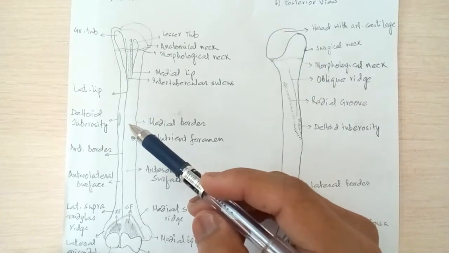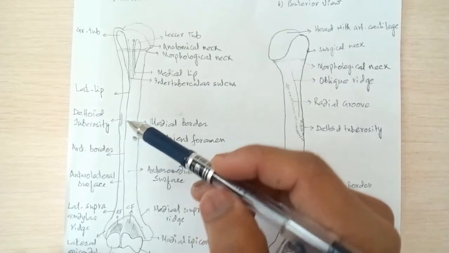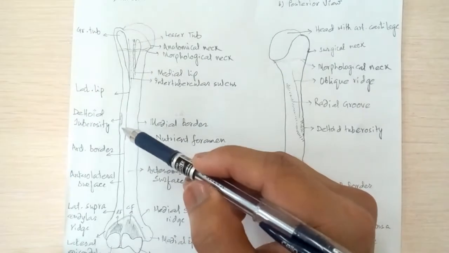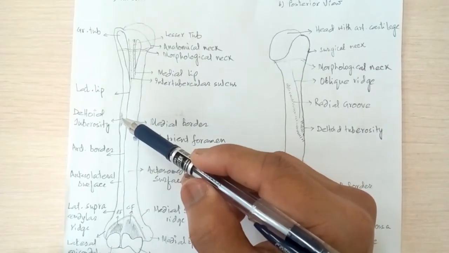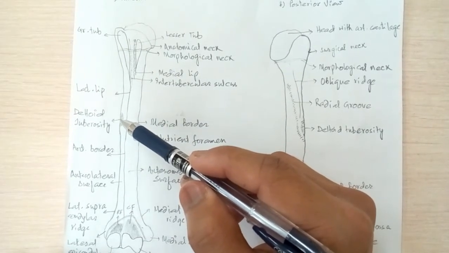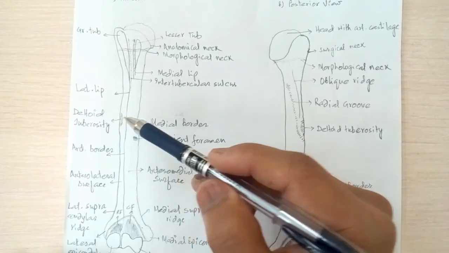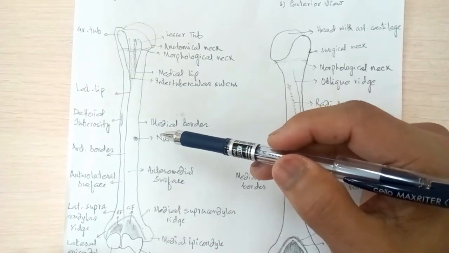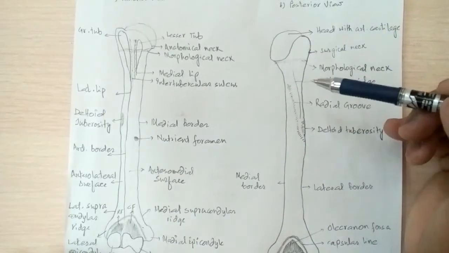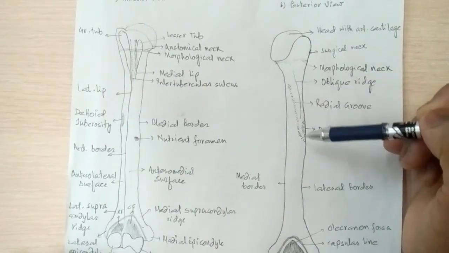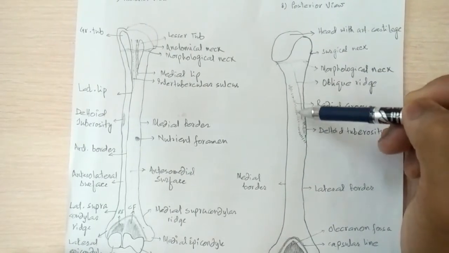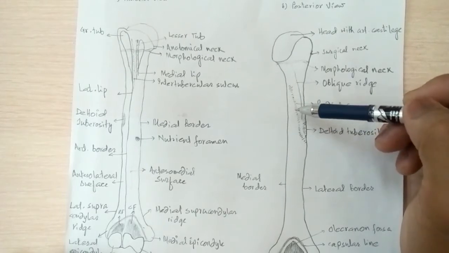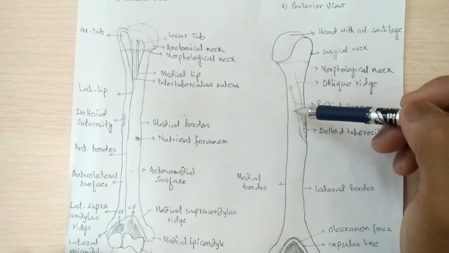Now in the middle of the anterior border is the anterior margin of the deltoid tuberosity. In the middle of the lateral border is the radial or spiral groove, found on the lateral border in the middle part.